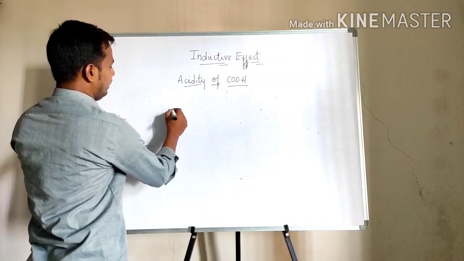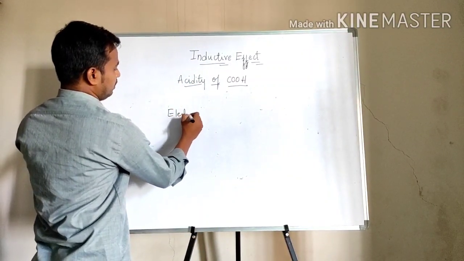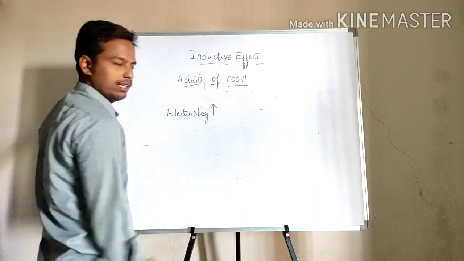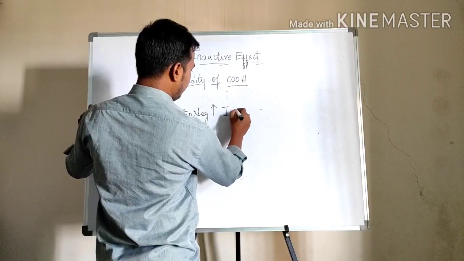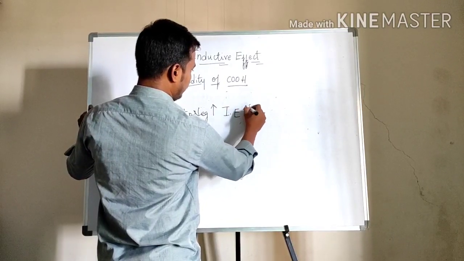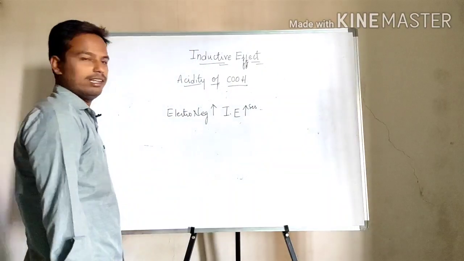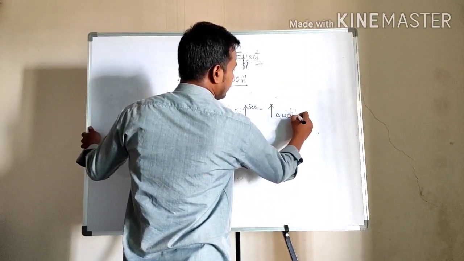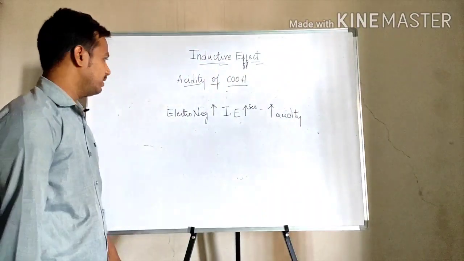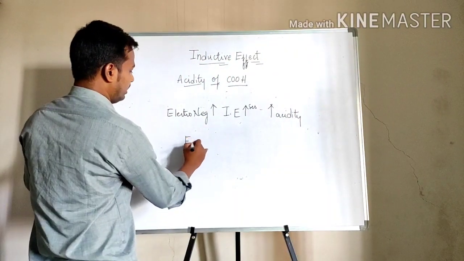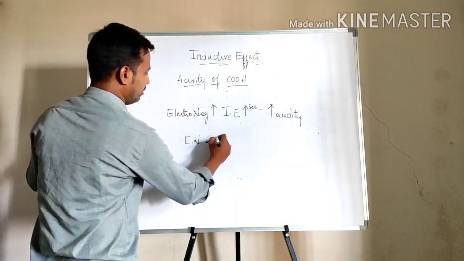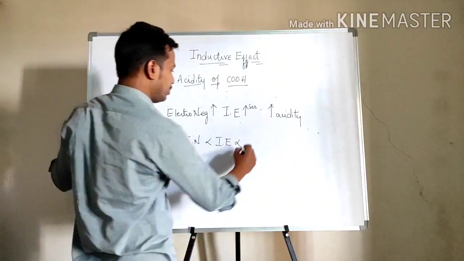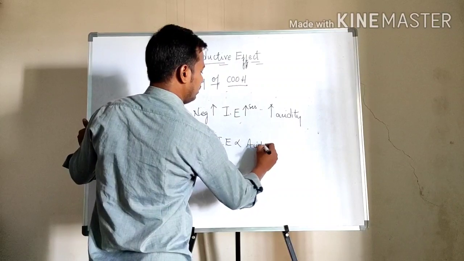So I will write here, electronegativity increases, inductive effect also increases, thereby increasing the acidity. So electronegativity is directly proportional to inductive effect, and it is in turn directly proportional to acidity.